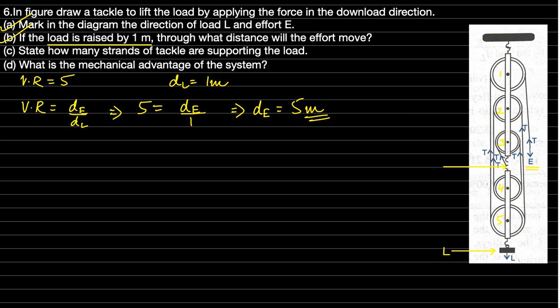Now coming to the C part, state how many strands of tackle are supporting the load. So we will have to count the number of tensions that are working here. So let's count one by one. So the first tension is going to be this one, this T over here.